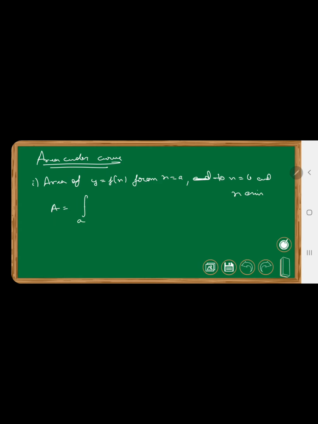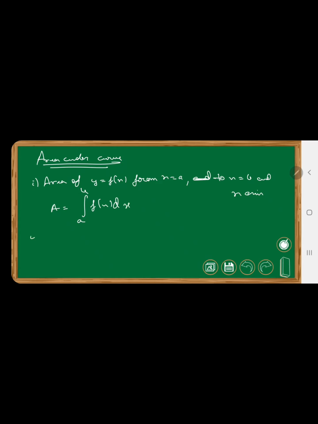The next thing we will be talking about is finding the area. Area under a curve is very easy to do. If you are asked to find the area of y equals f of x from x equals a to x equals b and the x axis, then the area will be the integration from a to b of f of x dx.